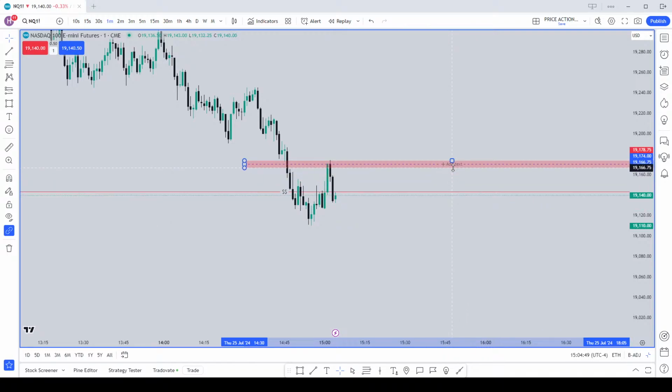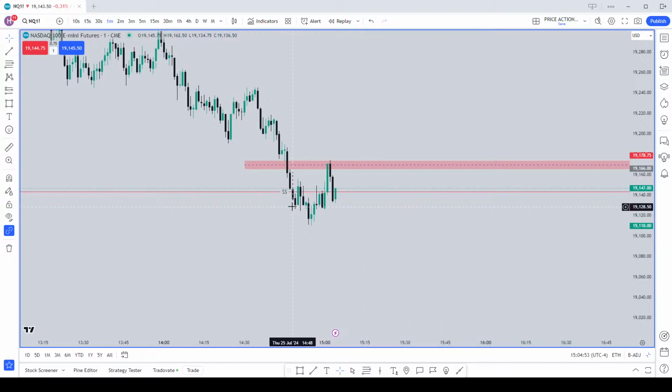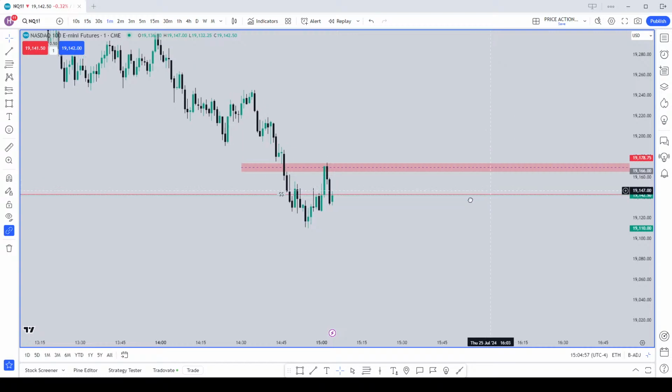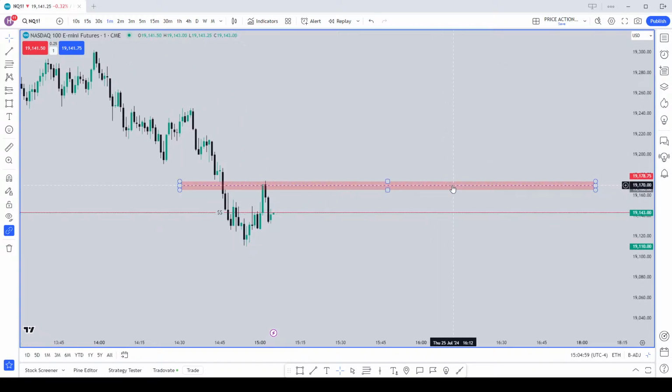But I will not let that be a reason for me to chase this. If I do see an entry come back down up here and respect it, then I will probably go back on the shorts.